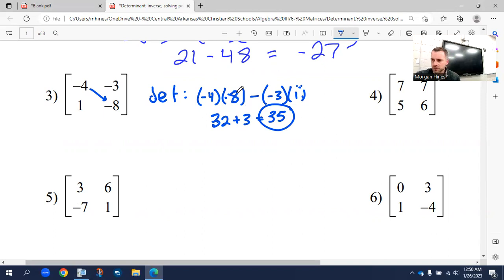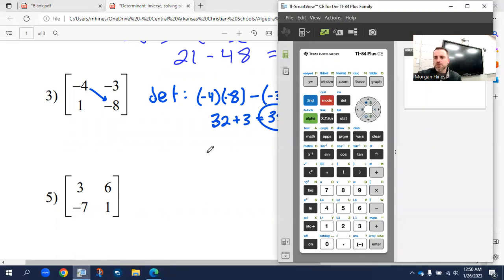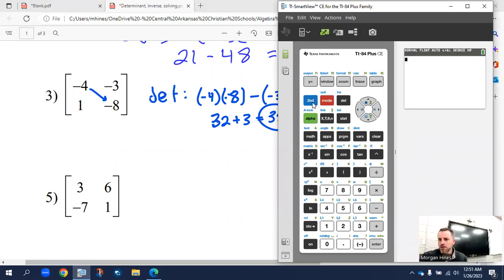So that is the determinant of that 2 by 2 matrix. I do want to see you do the actual math to get there, the actual operations, but there's a way that we can check that. If you hit second and the x to the negative 1 button, it takes you into matrix land. If you hit the right arrow, you can get to math, and you see DET, that stands for determinant.